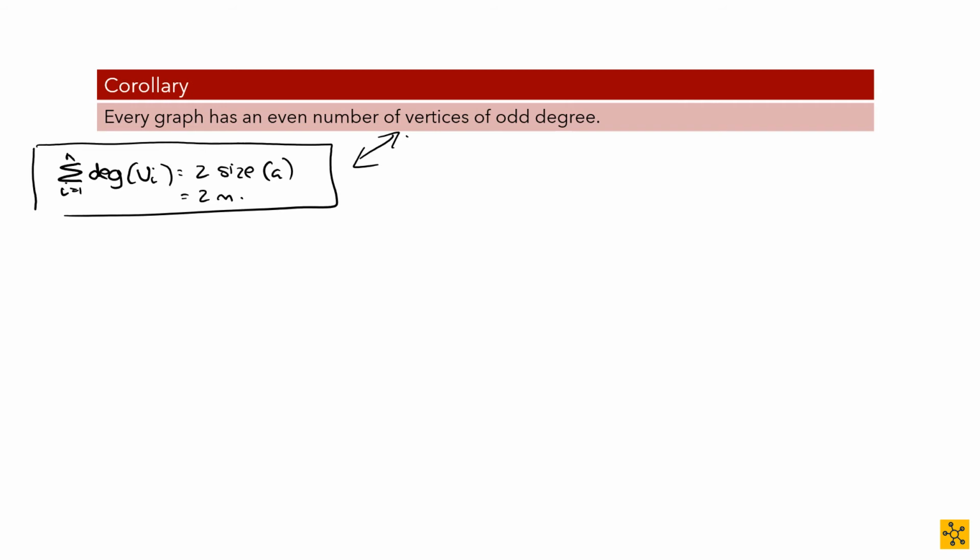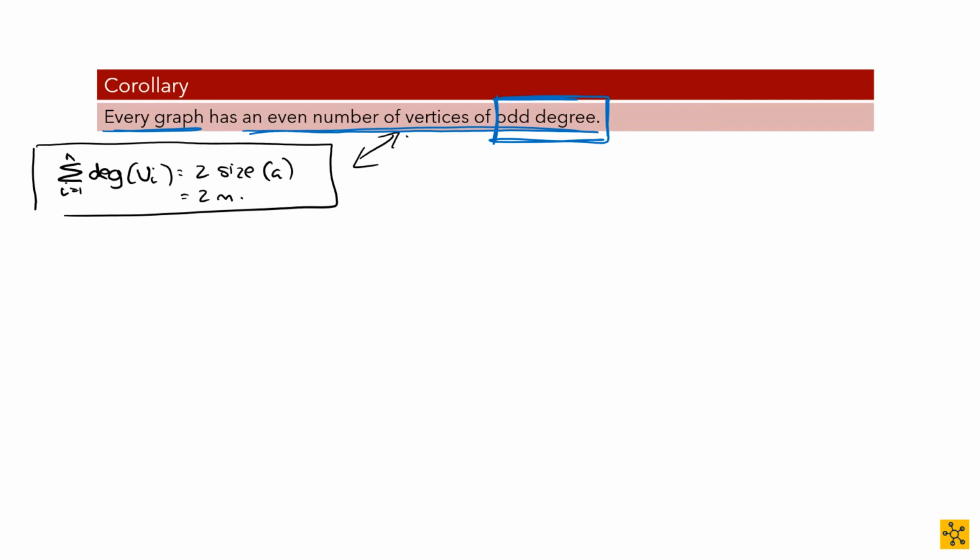So the first thing we're going to need to look at is, okay, what do we have? Well, we have a situation where they say every graph has an even number of vertices of odd degree. That means that the fact that they say odd degree means that they are separating the degrees of the vertices into those that have odd degree and those that have even degree.